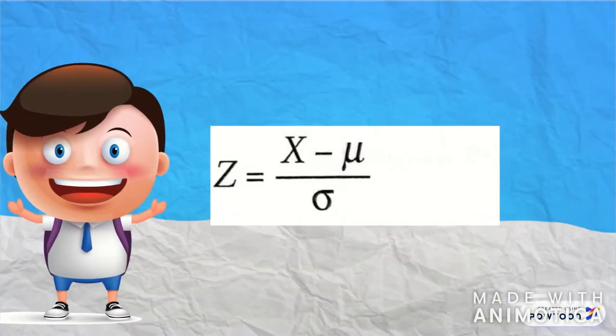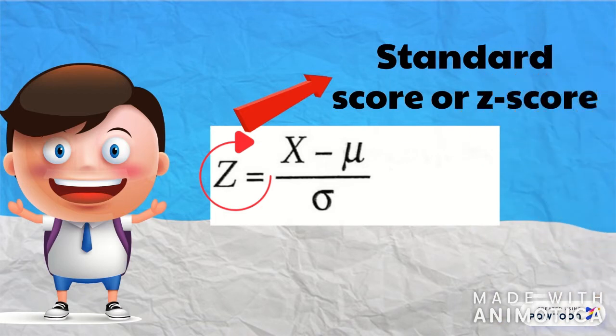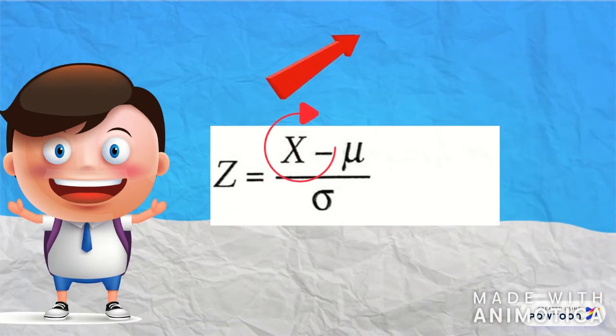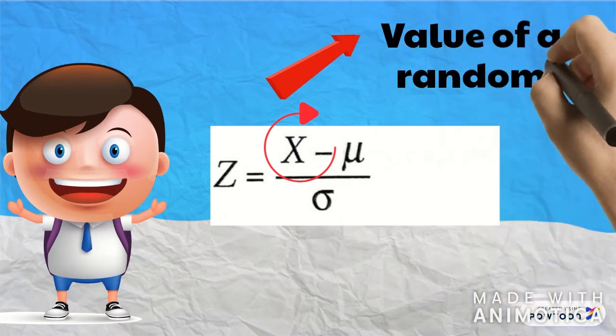By referring to this formula, the letter Z refers to standard score or Z-score. The letter X refers to the value of a normal random variable.